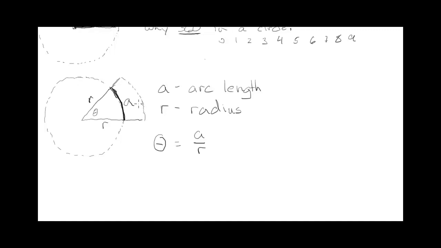You'd have a bigger arc length because it would be part of a bigger circle, and it would all be proportional. These are similar shapes, not similar triangles because it's a curve here, but kind of a similar concept. It would still be proportional, so your ratio of A over r is always going to be constant given your value of theta. So that's why this becomes a good way to measure an angle. So that is what a radian is.